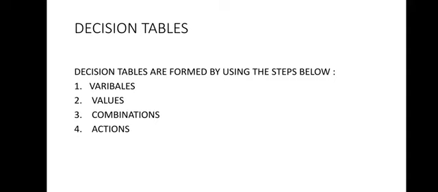You can see the 4 points here: variables, values, combination, and actions. First we have to identify the decision variables. Then we have to identify the possible values. After that, we make the combinations of these things, and after that we have to set some actions if our desired results are not there. So this is about decision tables.